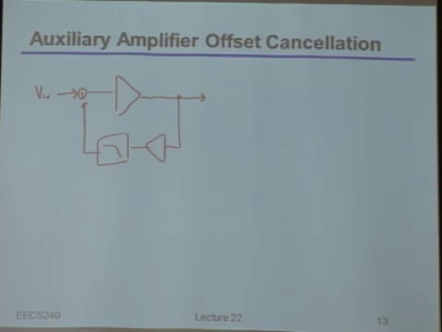The idea is that if there is an offset, you'll see some big signal at DC, or at some low frequency, at the output of this original amplifier. So if I sense that large signal and feed it back, I should be able to get rid of that DC signal. And of course, if this low-pass filter is really low-pass enough, it would only get rid of the low-frequency content that I see at the output.